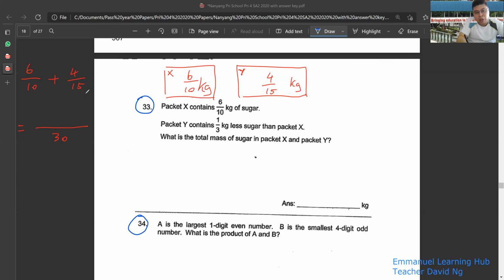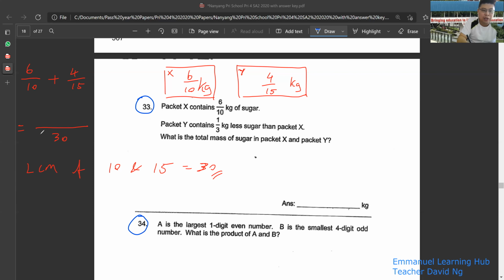Because 15 times 2 is 30, and 30 is a multiple of 10 also. So you don't use 10 times 15. 10 times 15, you get 150, a very big number. So you deal with smaller number. So the LCM of 10 and 15 is 30. So you use 30.